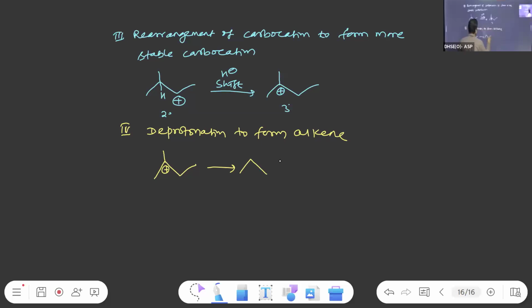After deprotonation, the double bond is here, Saytzeff rule, plus H. Hydrogen has to be released from this, or in the presence of water, it will be converted to H3O plus. Okay, deprotonation to form alkene.